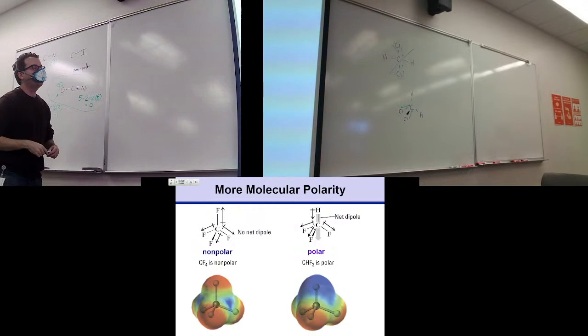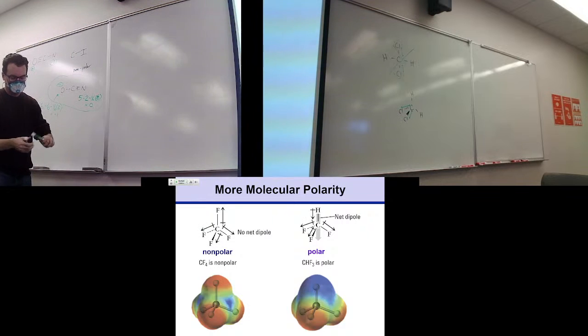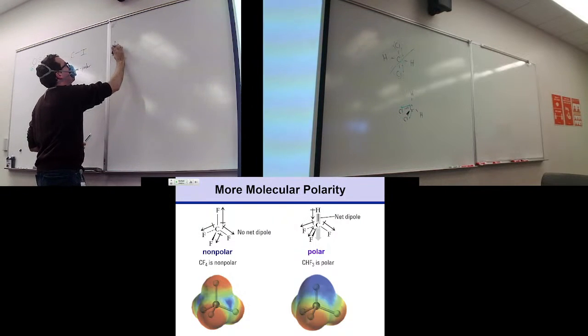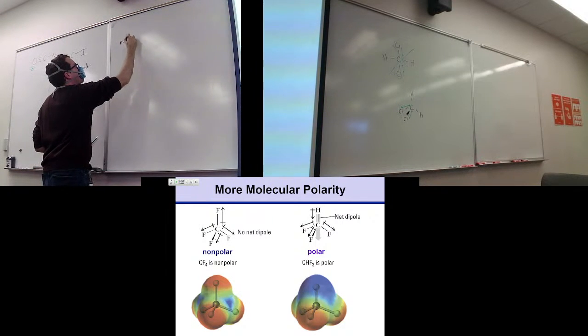One of the ways I've figured out that you can quickly tell if it's polar or nonpolar is to look at the electron geometry and find its molecular geometry.